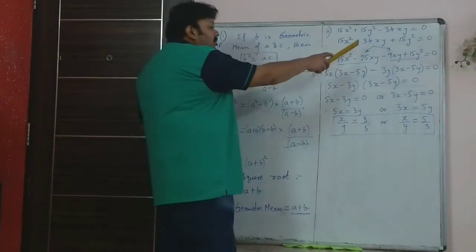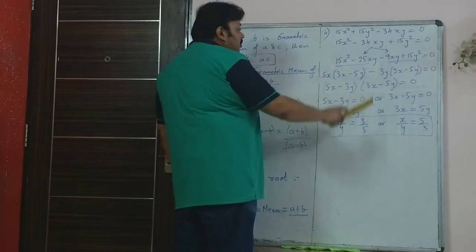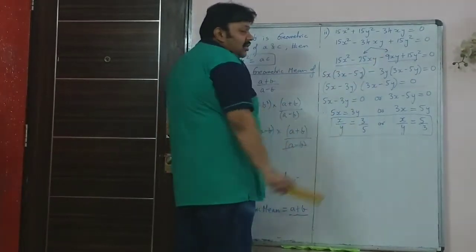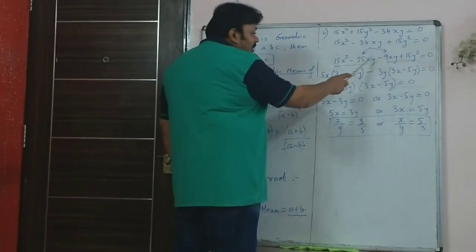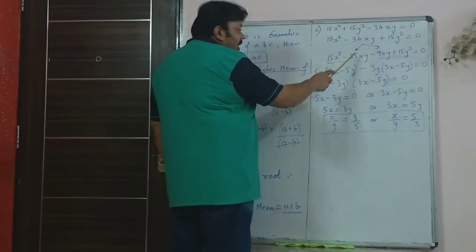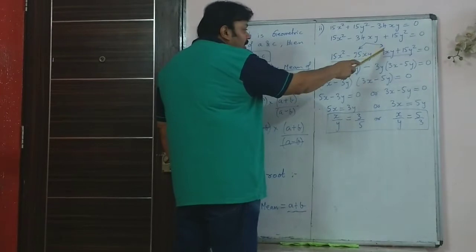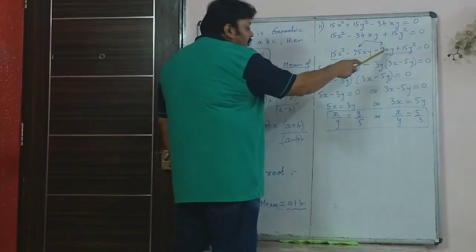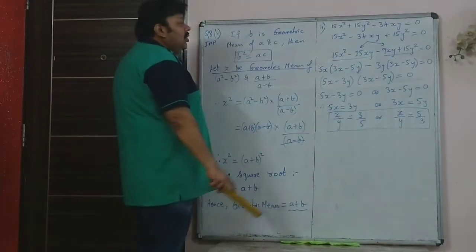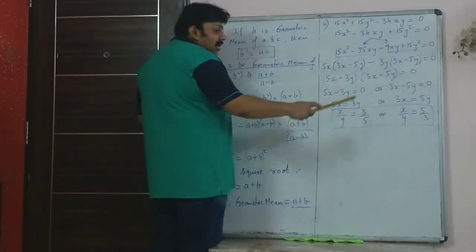So that is why it has been split as minus 25xy and minus 9xy. The addition gives you minus 34xy and multiplication will give you plus 225x squared y squared.